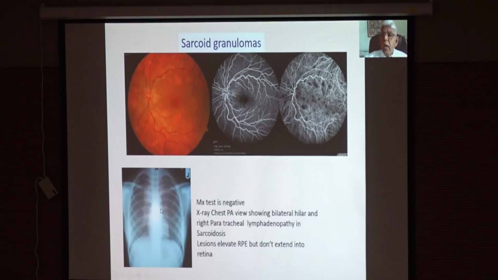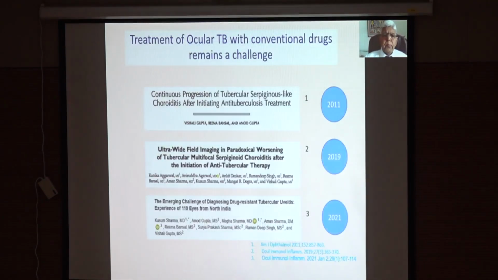You have hilar lymphadenopathy, almost 90-95% of the patients would show hilar glands, which are called paratracheal glands, which are swollen, and you can see these glands and diagnose with great confidence the sarcoid pathology.